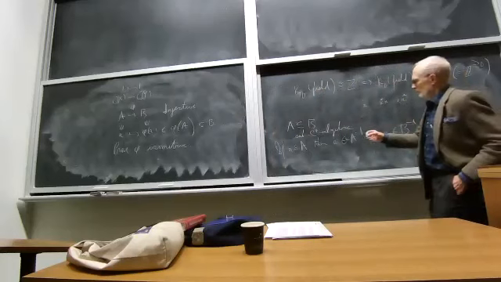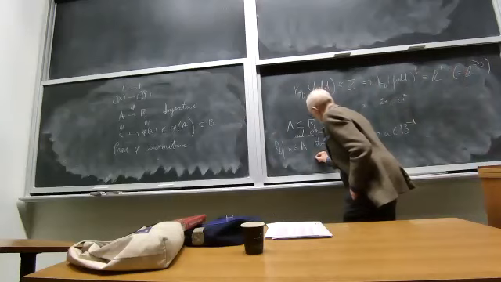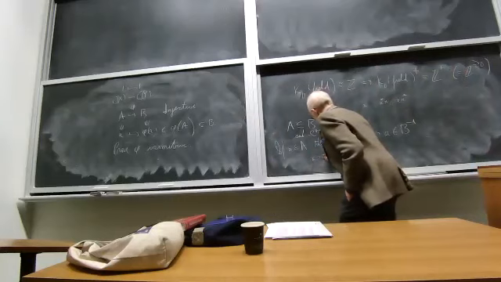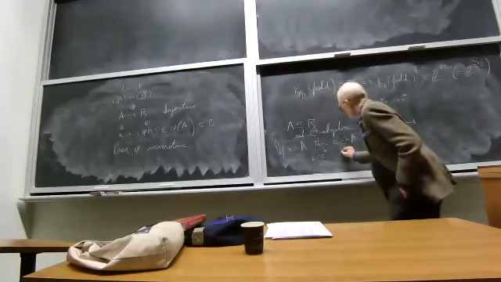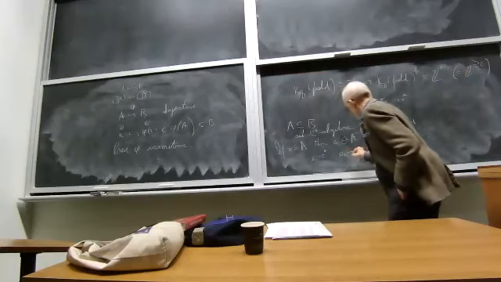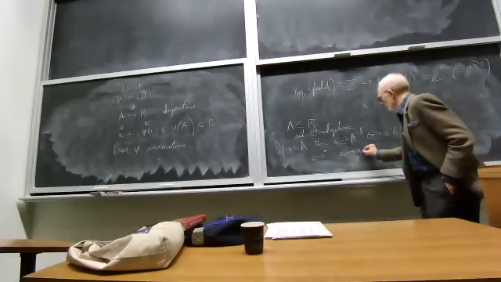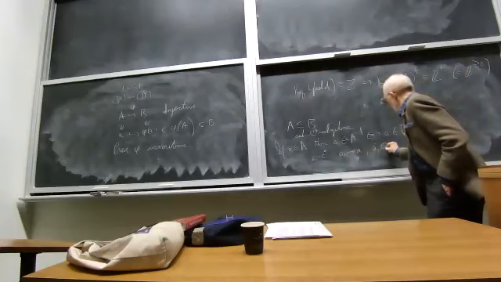If A is self-adjoint, then there's always a sequence A_n converging to A, and A_n is invertible.